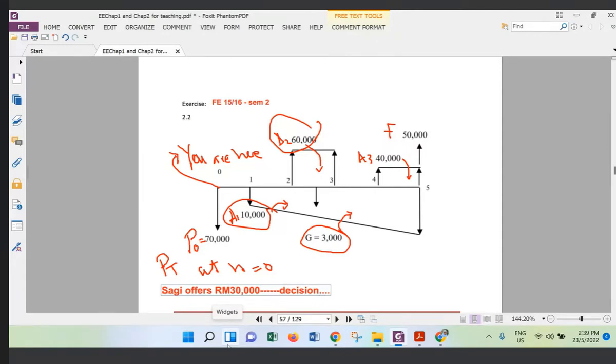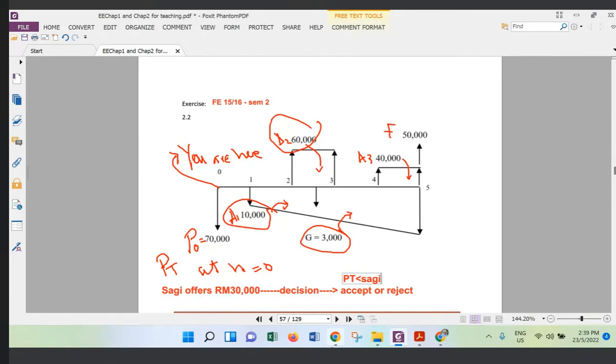So your decision: accept or reject. How can you decide? If your P total is less than Segi's offer, meaning you accept.